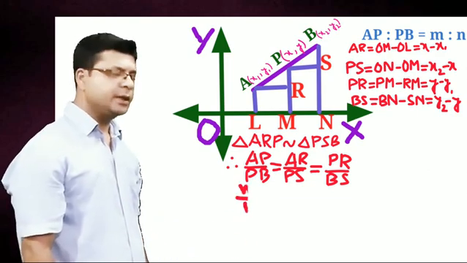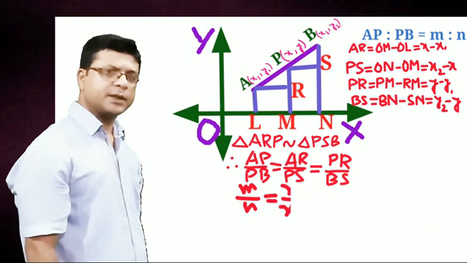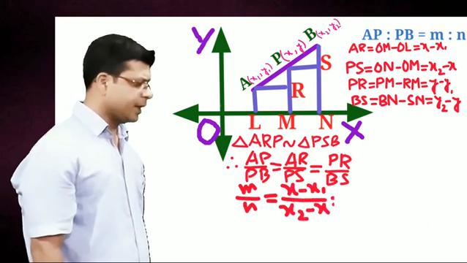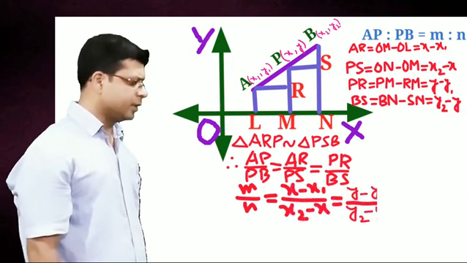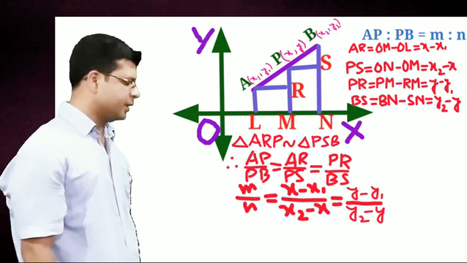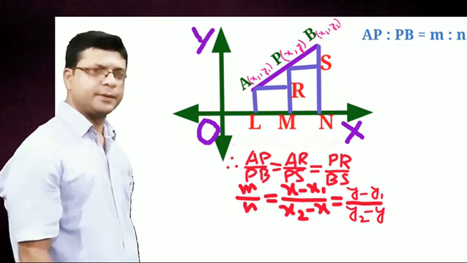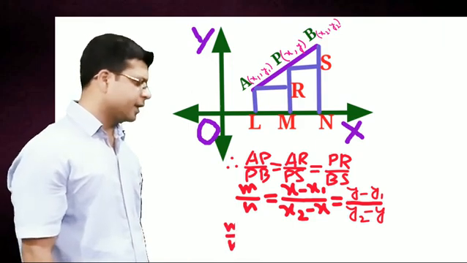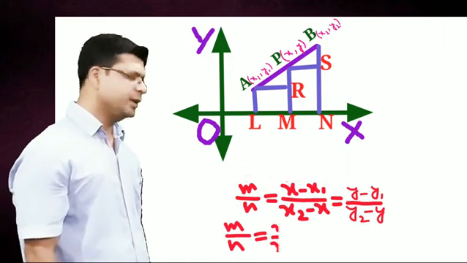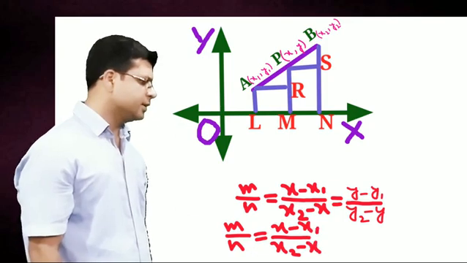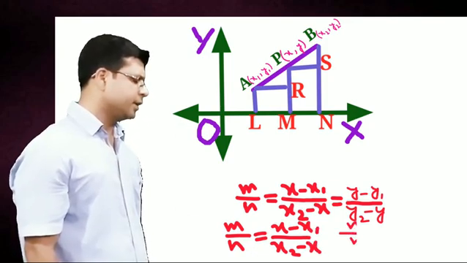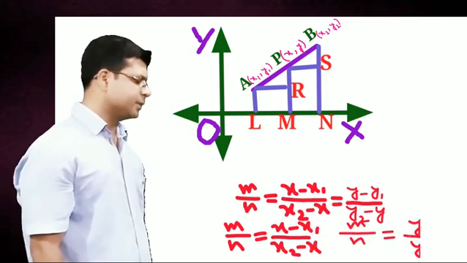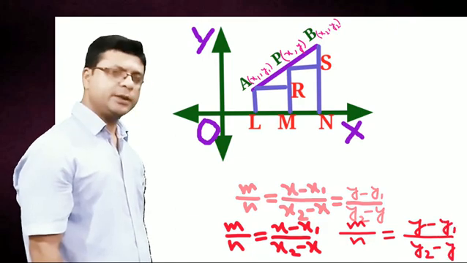So m:n is equal to x minus x1 divided by x2 minus x, which is also equal to y minus y1 divided by y2 minus y. Now let us separate the ratio, that is we can write that m:n equal to x minus x1 divided by x2 minus x, and m:n is also equal to y minus y1 divided by y2 minus y.